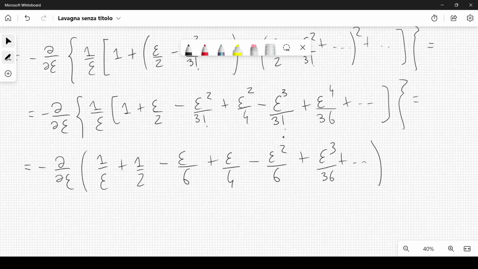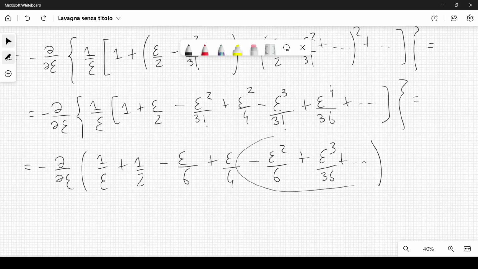Now remember that epsilon goes to 0, so when we take the derivatives of these terms, or higher order terms, they will still contain epsilon, because the derivative of epsilon squared is 2 epsilon, so it is still linearly proportional to epsilon, and epsilon cubed, its derivative is 3 epsilon squared, and so on.